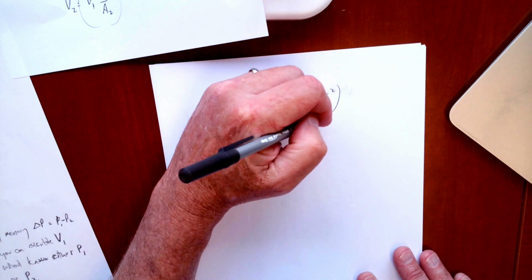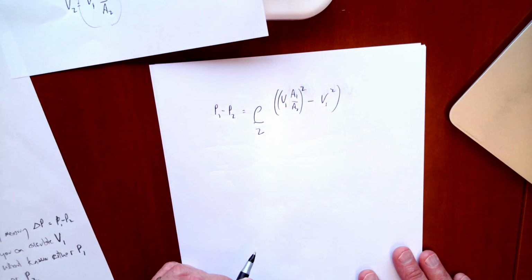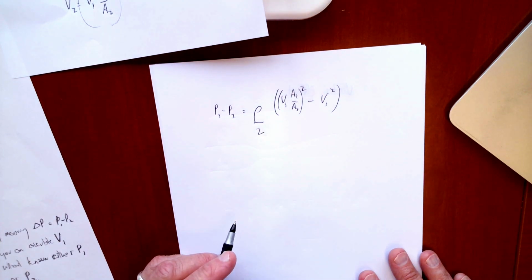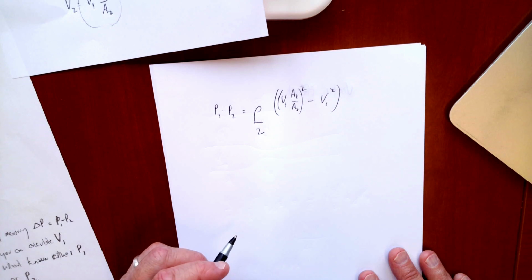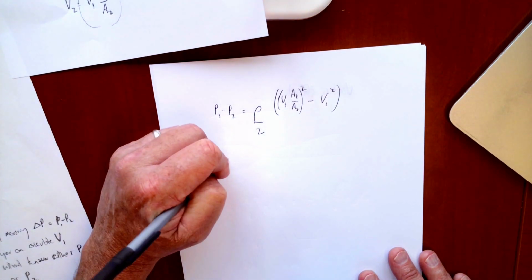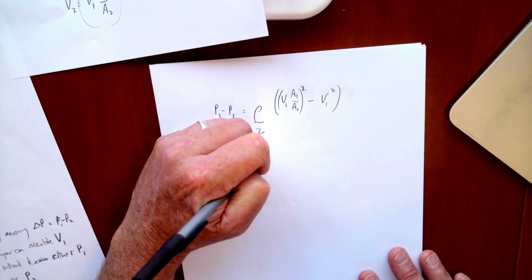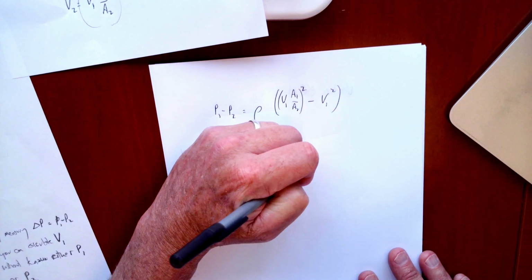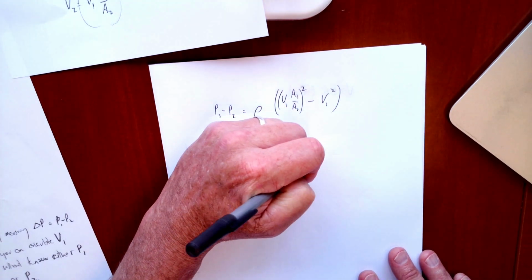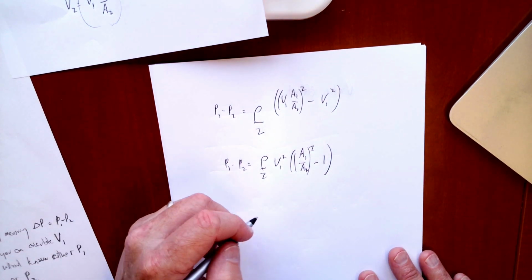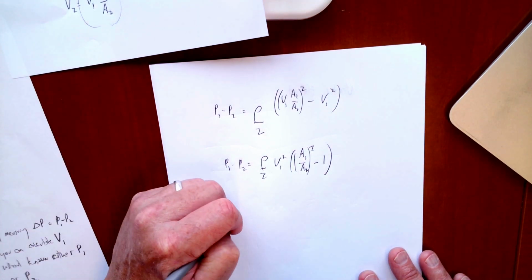So there's my new equation for P1 minus P2, and then I can solve that for V1 squared. So I'll pull V1 squared out: P1 minus P2 equals rho over 2 V1 squared times (A1 over A2 squared minus 1). And then I'll push everything over to the other side to solve for V1 squared.